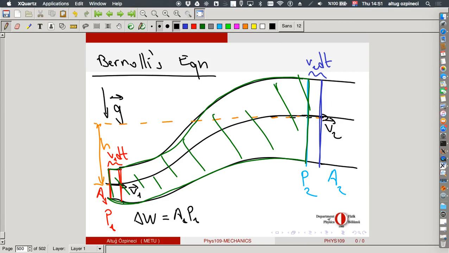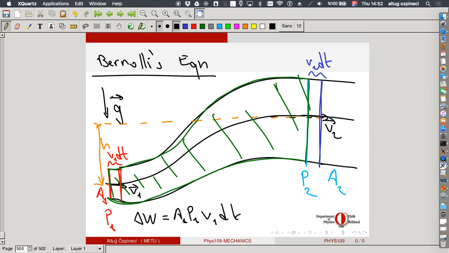A1 times P1 is the force. And under the influence of this force, this area moves by a distance V1 dt. Which area are we talking about? This red one over here. Initially it is over here, then the pressure pushes it, it reaches this point. So this is the force acting on that area, this is the distance that area had moved, and this is the total work done by the pressure on this area.